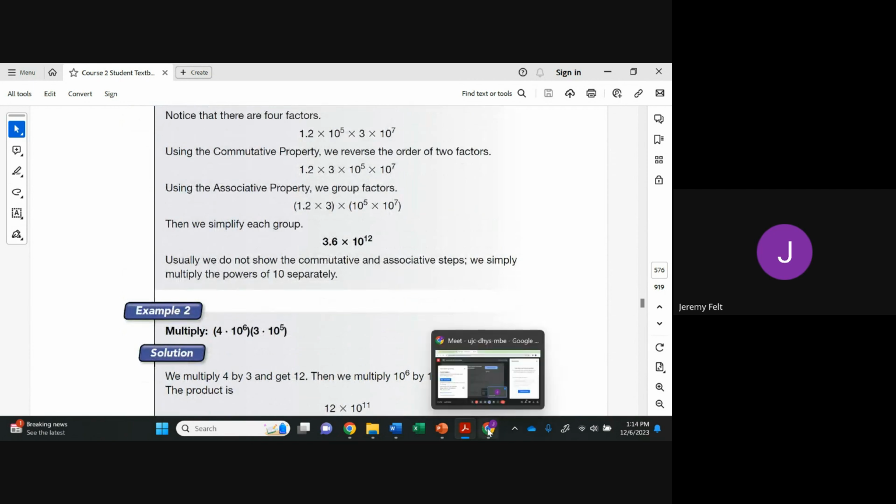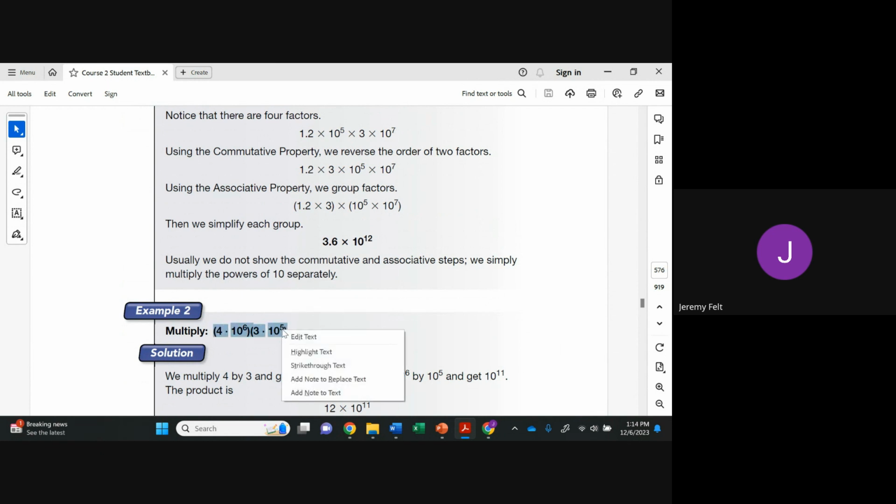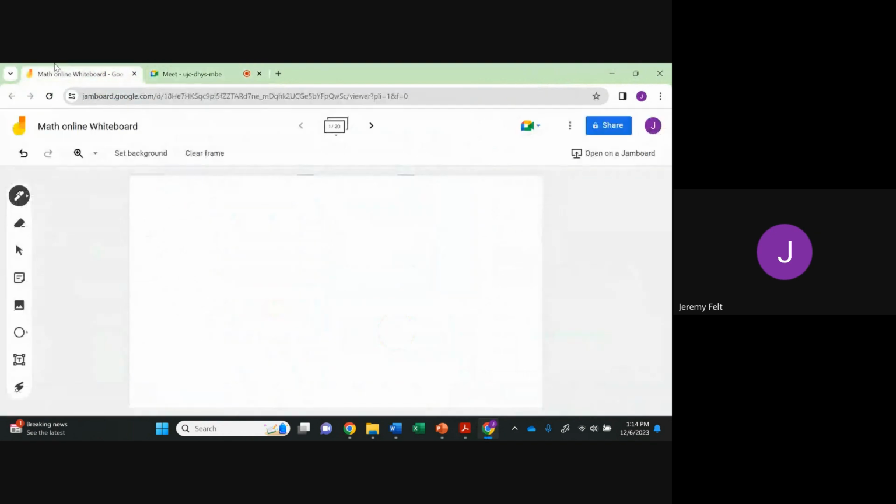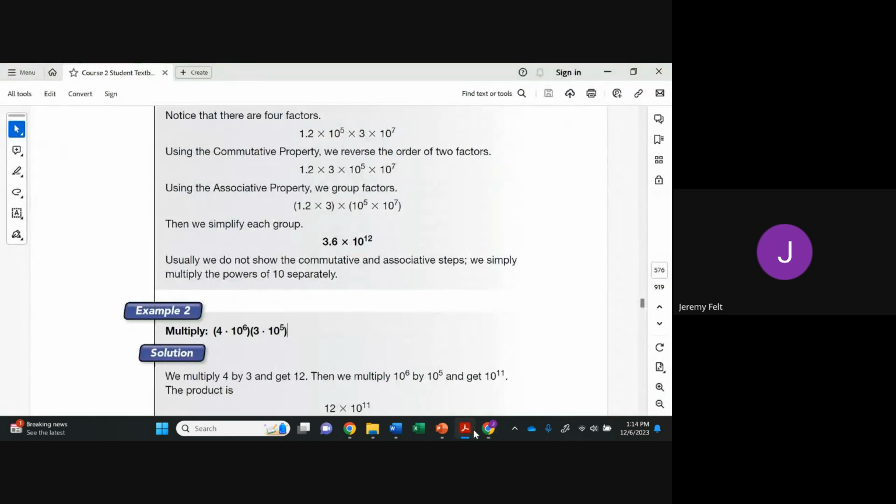We have 4 times 10 to the power of 6 times 3 times 10 to the power of 5.